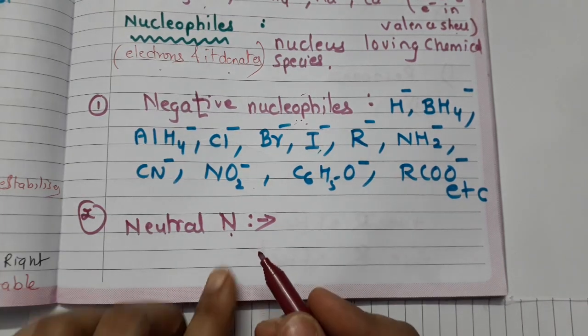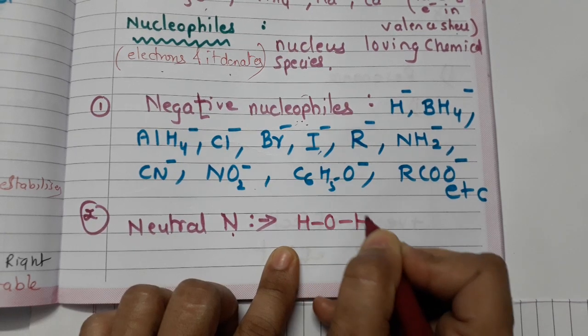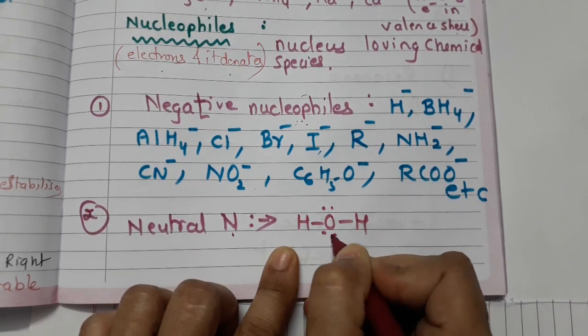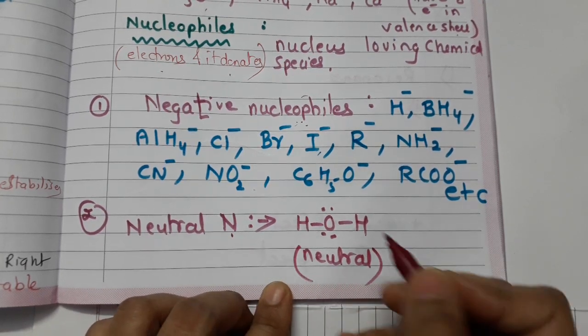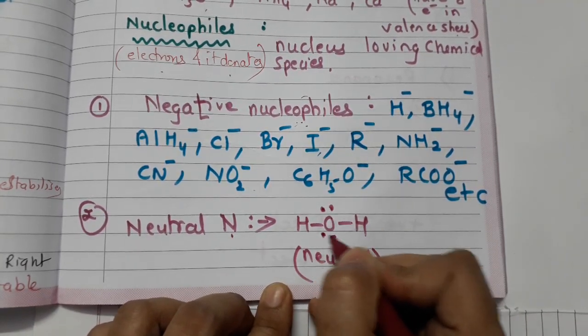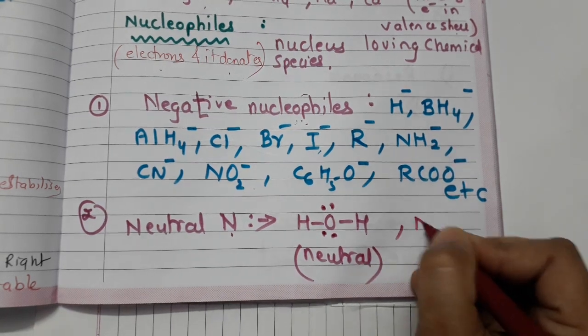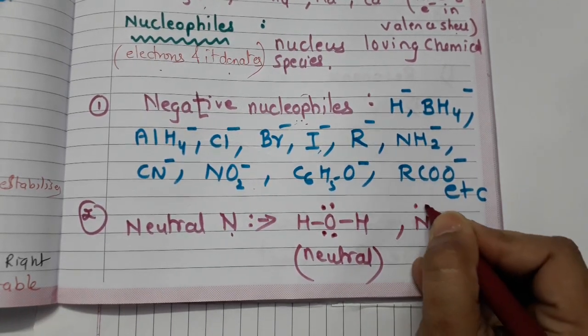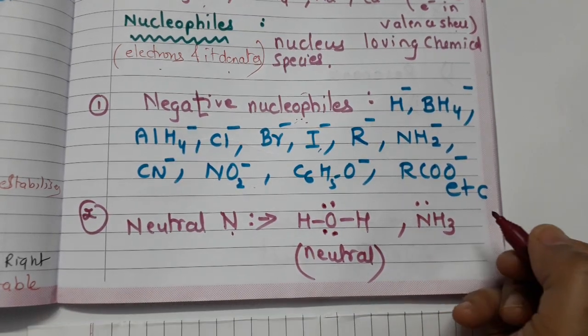Yes, neutral nucleophile can do it, because if you look at the example, for example, see water molecule. It is a neutral molecule, we all know, but it is having two lone pairs of electrons which can be donated. Similarly, we are having many more examples, but I will write the examples which are very easy for you to understand at this stage.